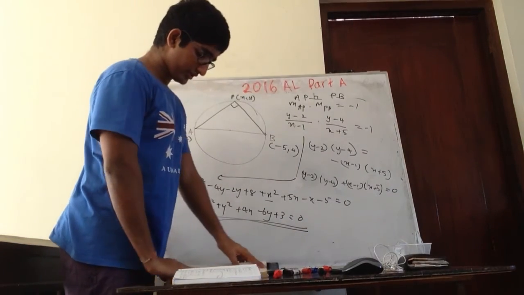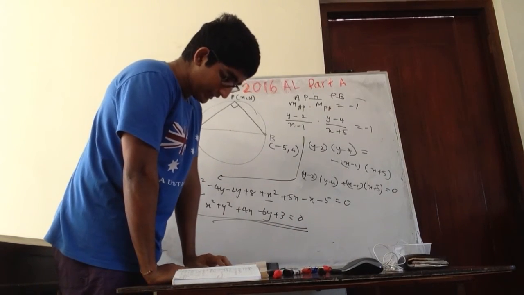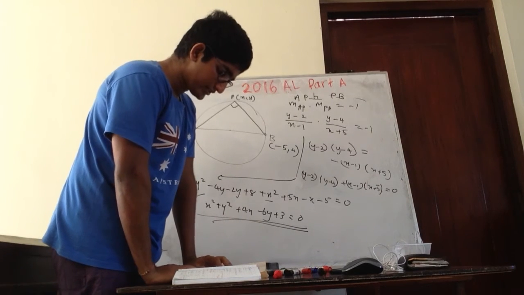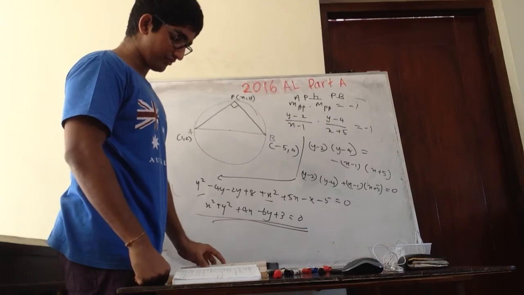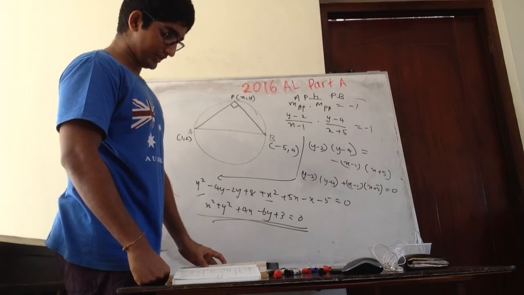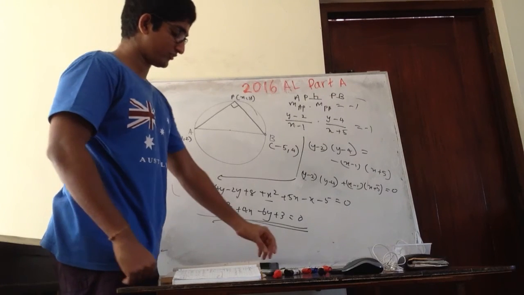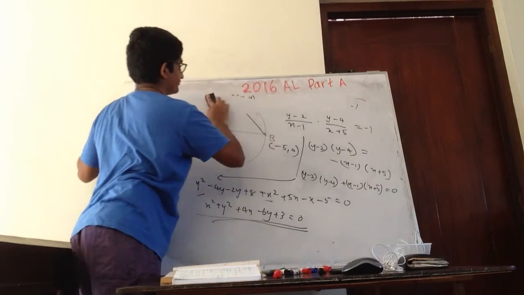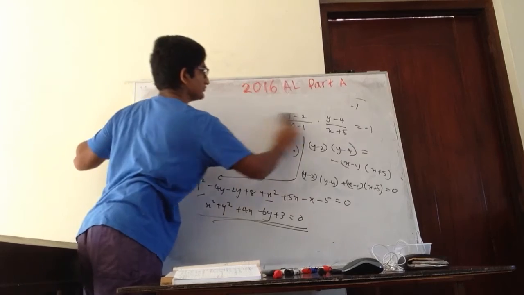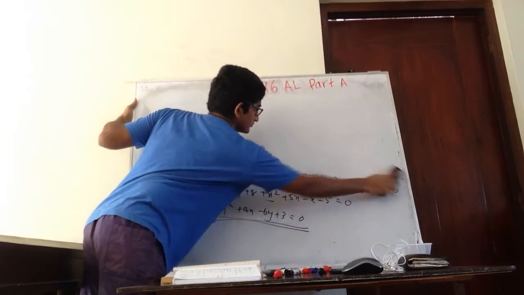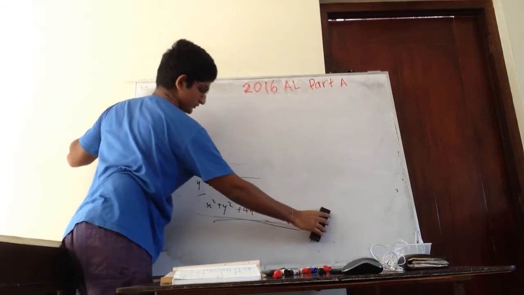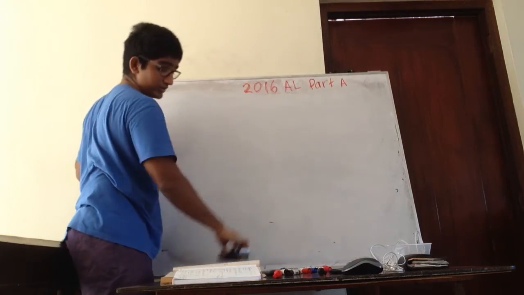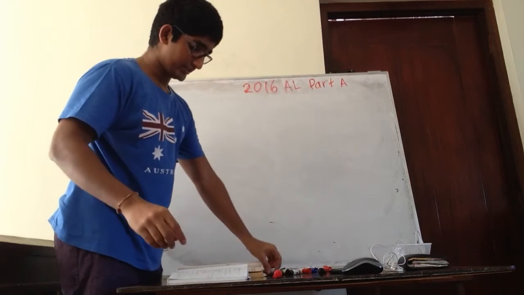Right. So the second part. The next part says it is given the circle with center (1, 1) which intersects S orthogonally. So we have to find that equation as well. Right, so that is basically what.